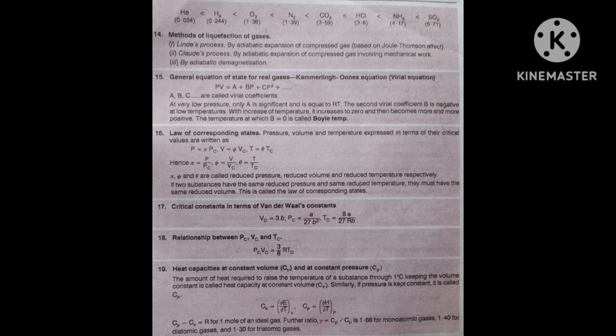Value of Pc, Vc and Tc: critical volume Vc is equal to 3b. You remember, critical volume is equal to 3b. Critical pressure is equal to a upon 27b square. And Tc is equal to 8a divided by 27Rb.